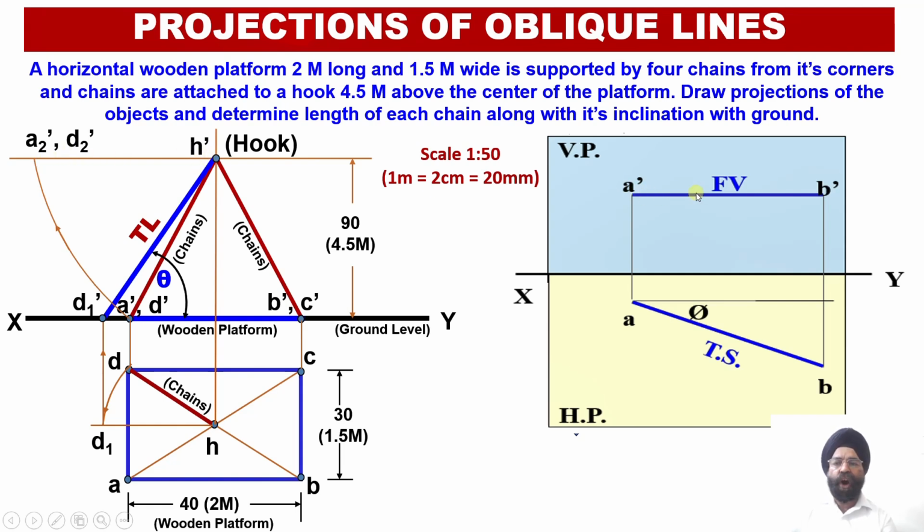And once we have got this particular apparent length in elevation parallel to the horizontal plane, now we will be drawing projectors through these 2 points a2 dash and d2 dash because they are overlapping.